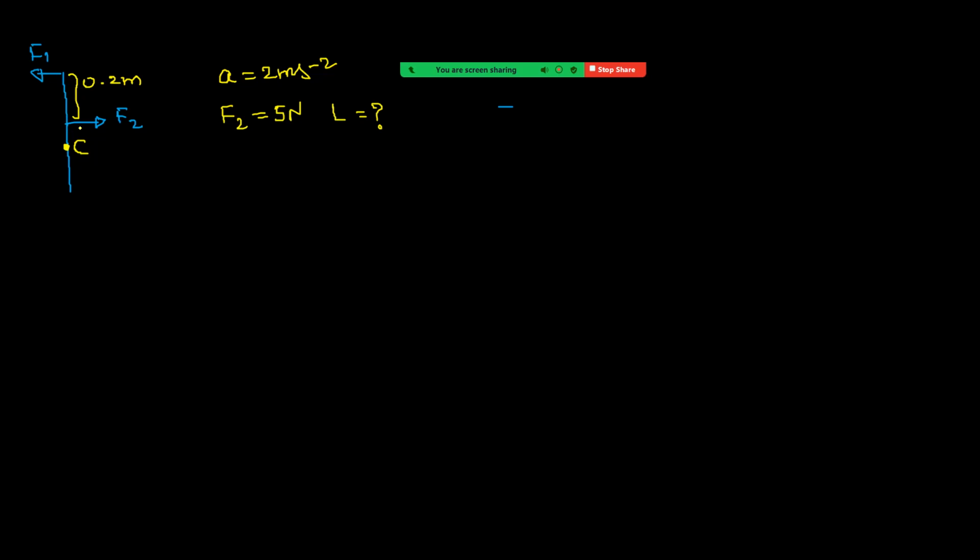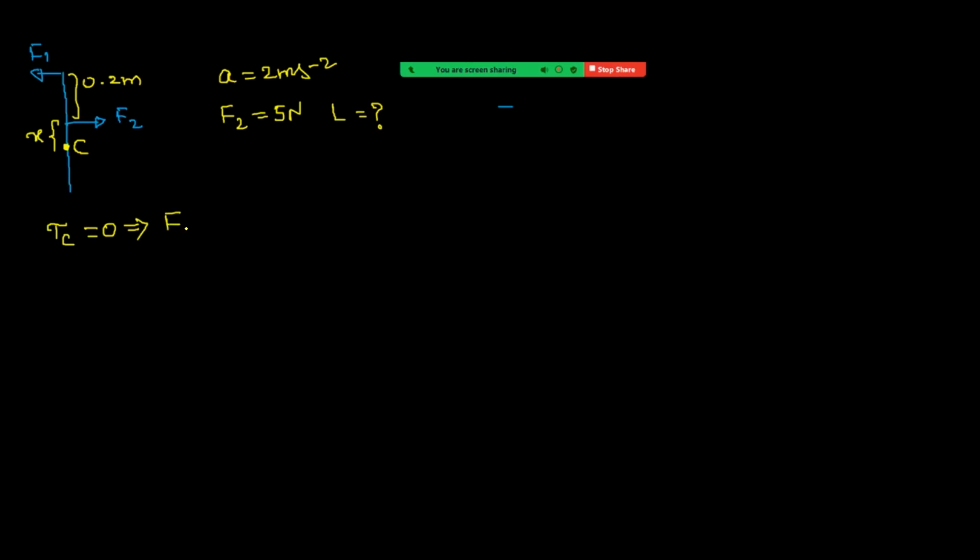Second conclusion is, since F2 is closer to center of mass, F2 must be having more value. The reason is that, suppose this distance is X. Then I can write torque about center of mass equal to 0, because having only translatory motion.